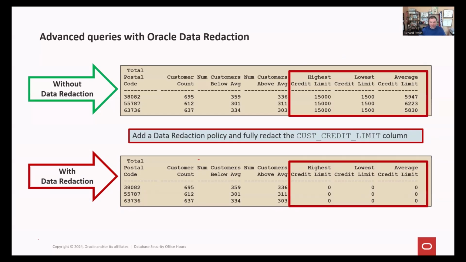We still get all of this data over here. We can still get this information here, but we don't have to show those highs and lows or averages of the aggregate of customers. So could be useful for you when aggregating some data, getting some reports. The good news is those queries work in 23.6. So you can have those redaction policies and then still work with your data.